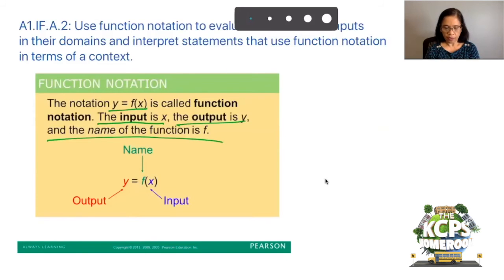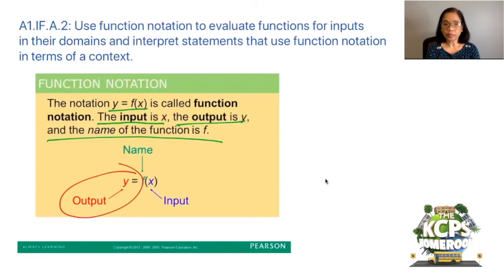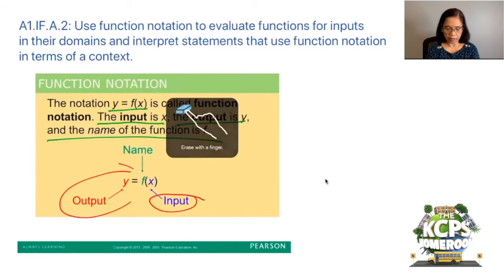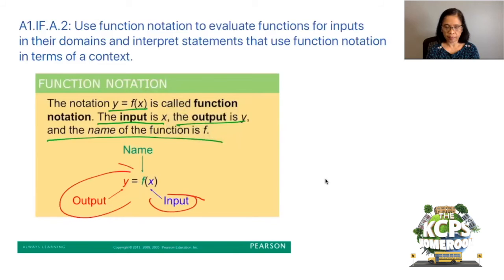So if we have y as the output, x here is the input, which we also call the independent variable. y is the dependent variable, and the name of the function is function f.